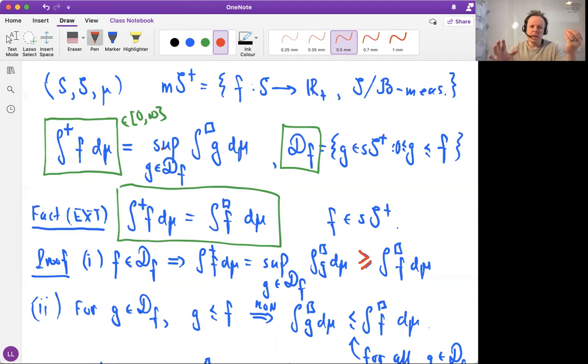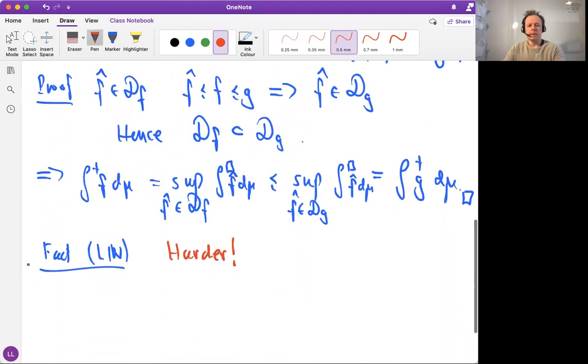So if you look at this definition, it does not look at all linear. This looks like a highly nonlinear definition. We still want to prove that this is linear, although it doesn't appear so. That's where the challenge is. That's why Lebesgue became famous, by actually making this work.